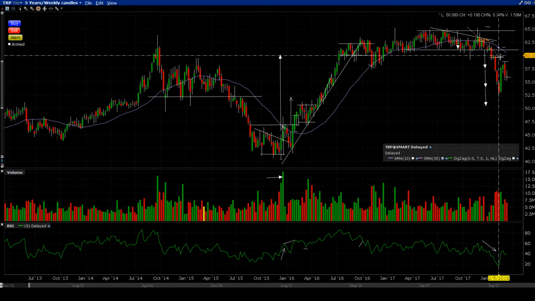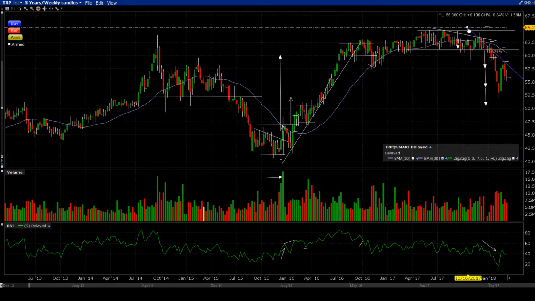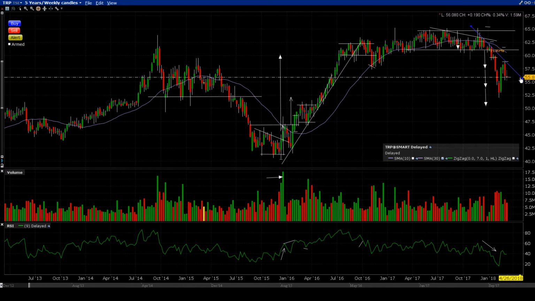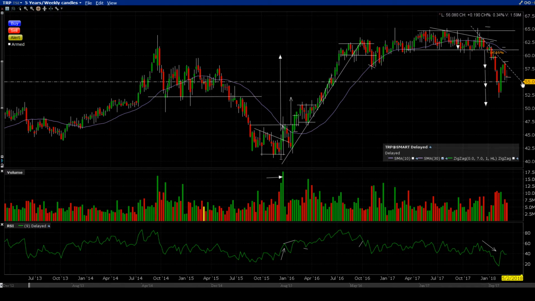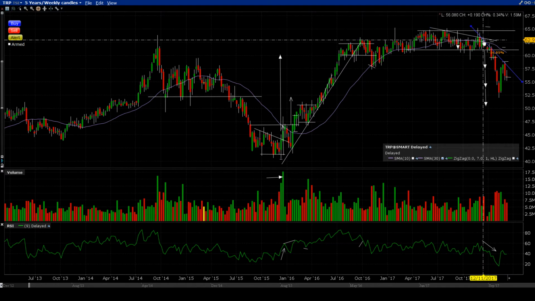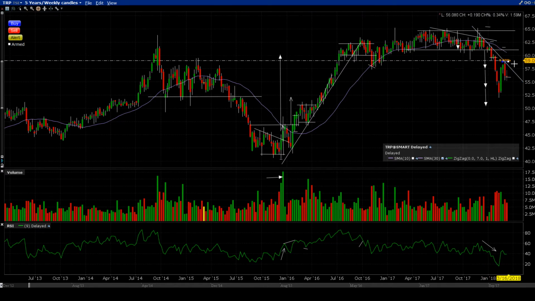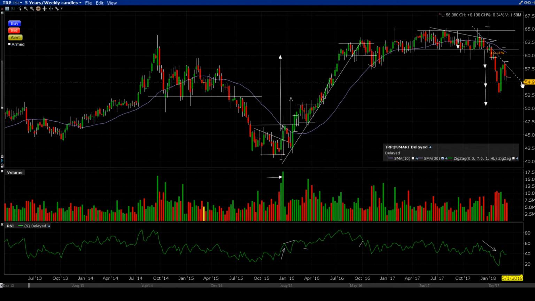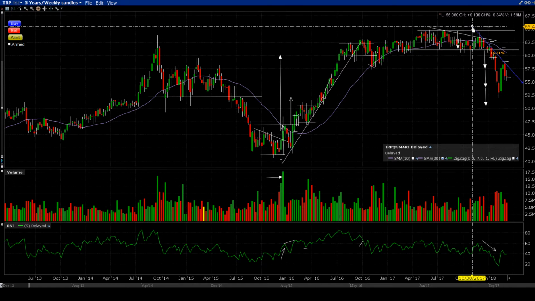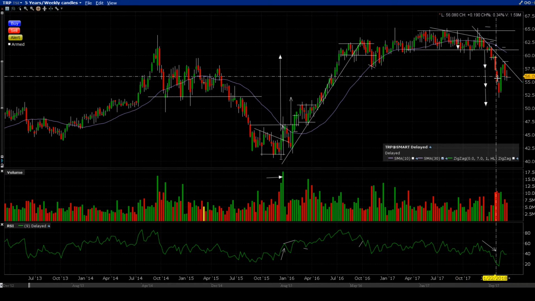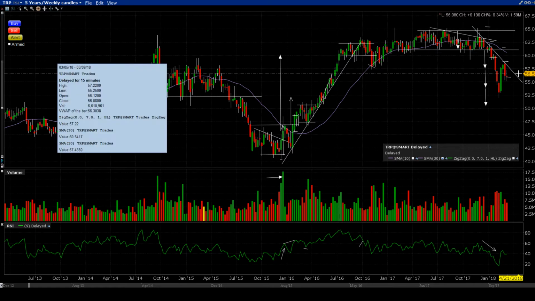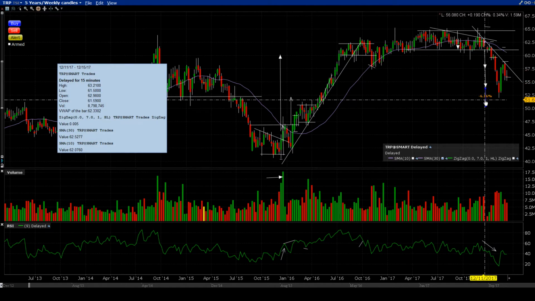You have a trend line. Okay, 1, 2, 3. So we have a trend line also here. So look, this is a stage. It's already in stage 4.